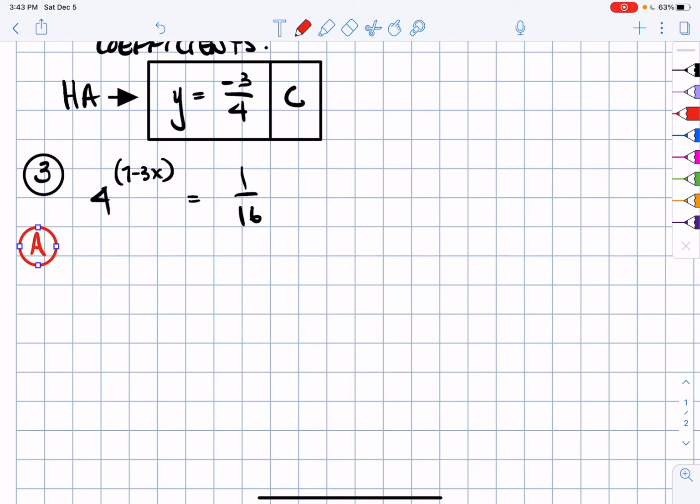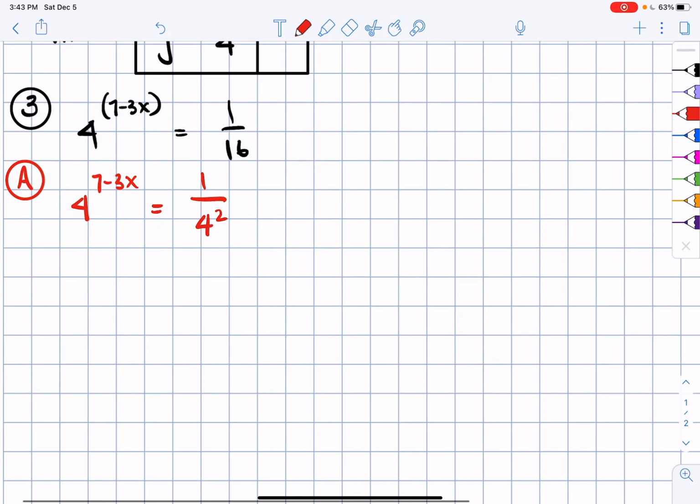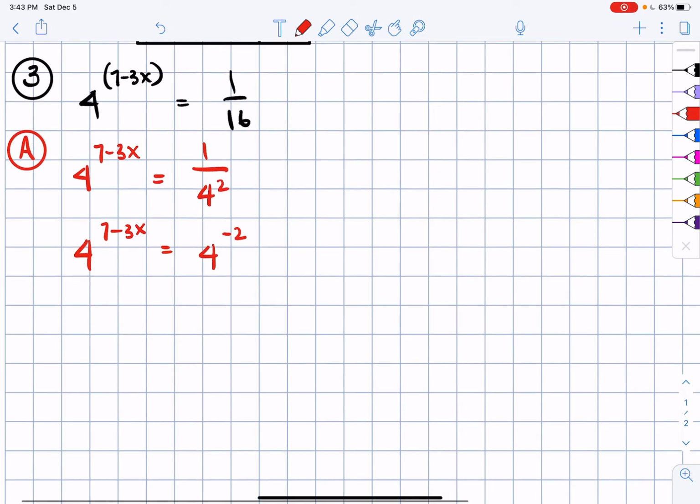okay? So method A would be, okay, I got 4 raised to the 7 minus 3x, and that's equal to 1 over 4 squared, because 16 would be 4 squared. So I got 4 to the 7 minus 3x power is equal to 4 to the negative 2 power, because it's in the denominator, so I want to move it to the numerator, so that's going to flip the power.